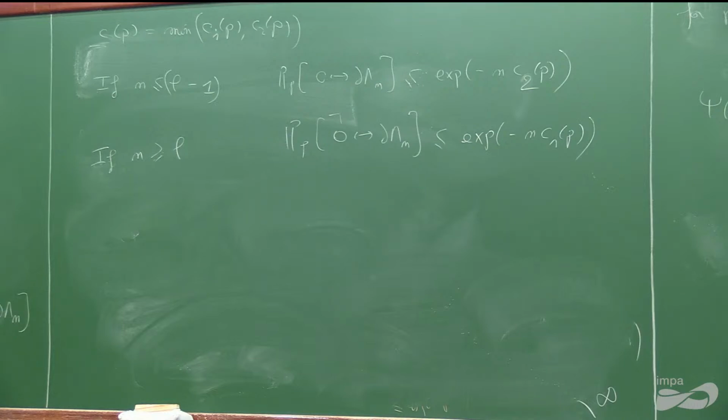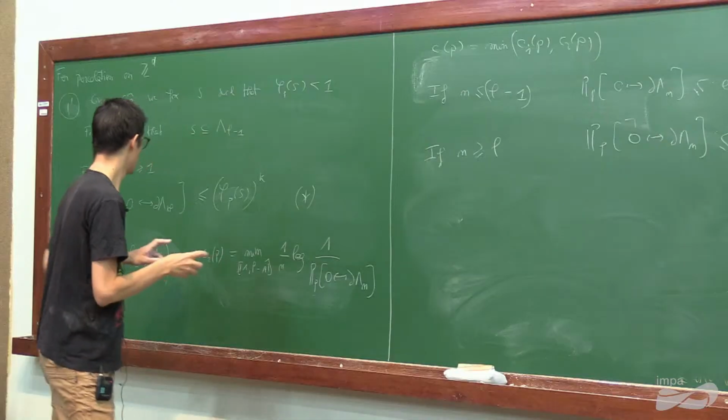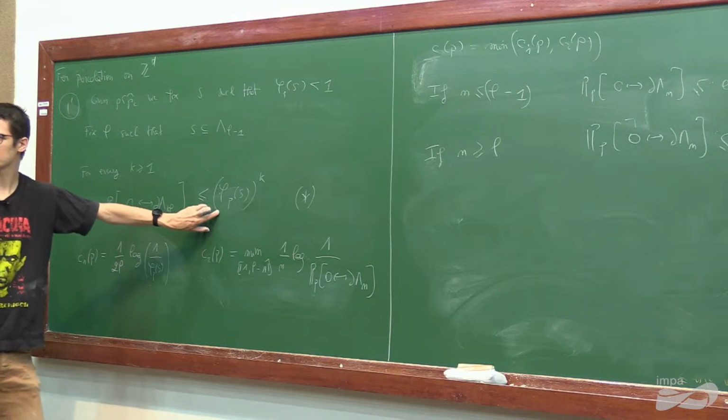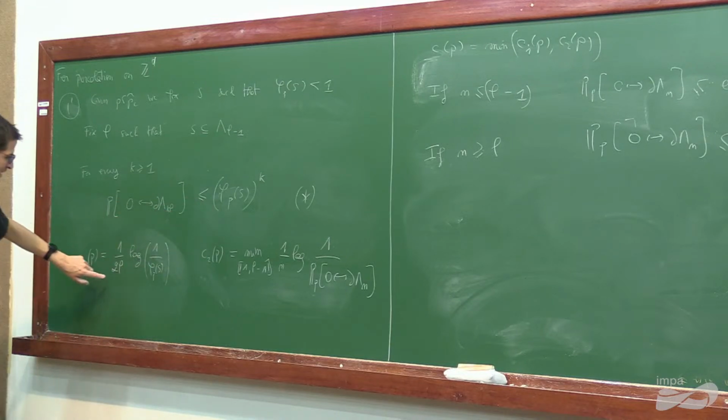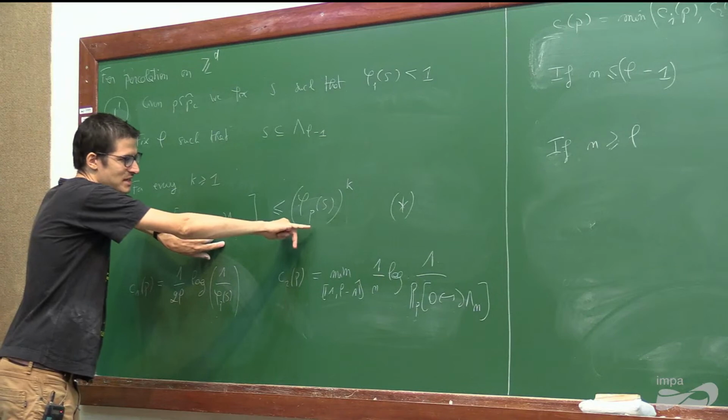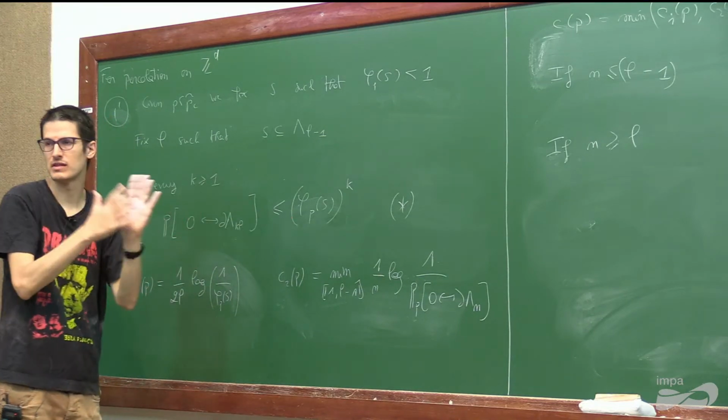For this multiple of L, this would be true with 1 over n log 1 over phi_p(S), just because of this. Here I've taken a factor 2, because the largest multiple of L smaller than n can be far from n. Because here I already have exponential decay for multiples of L, I'm just trying to fill the gaps.